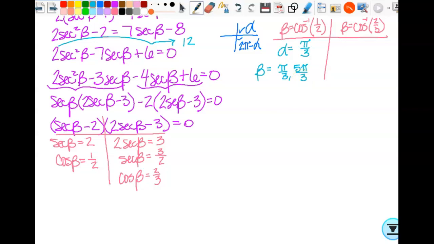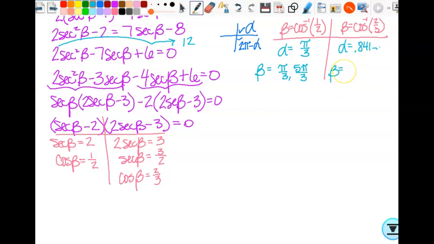We've been doing that. All right, now, is this second one a special angle? No. So this one is going to give you a decimal. So find the alpha for that one. .841 something.